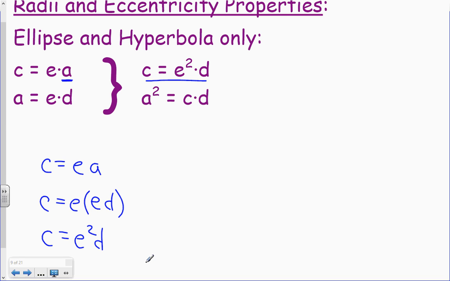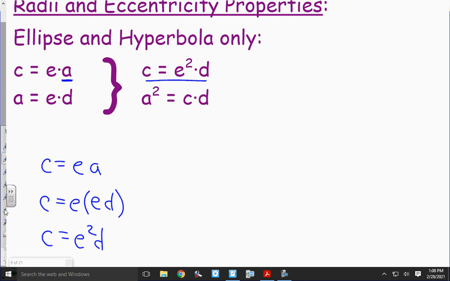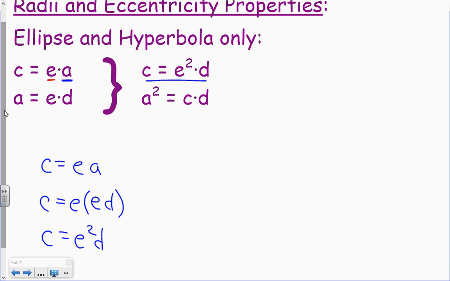Okay. Now I can do the same thing, but now replace the eccentricity instead. So I guess I should solve the second equation for the eccentricity. If I solve for eccentricity, I'd have A over D is equal to E. So again, start with the same starting point here: C is equal to E times A. But now replace the eccentricity with what we just said it was equal to, A over D. So what do we end up with?